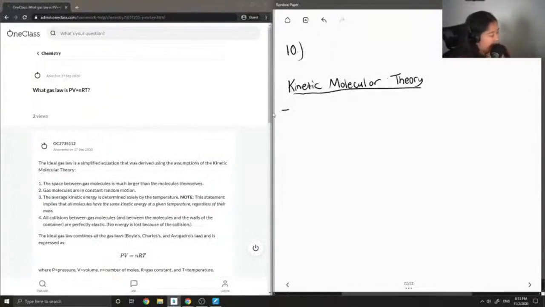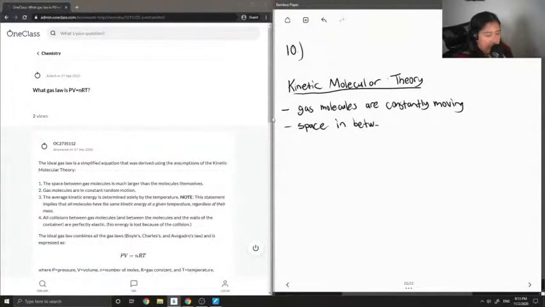This theory is based on the assumption that your gas molecules are constantly moving. You also want to assume that the space in between gas molecules is greater than the molecules themselves.